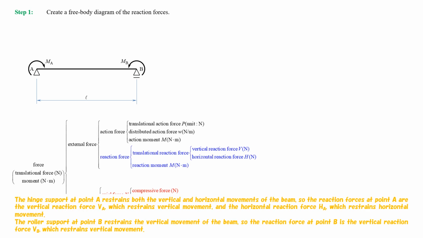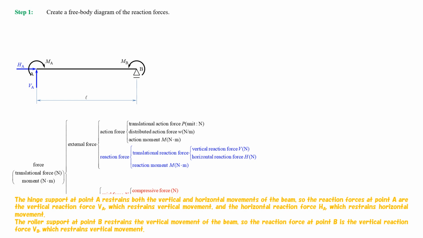The hinge support at point A restrains both the vertical and horizontal movements of the beam, so the reaction forces at point A are the vertical reaction force, VA, which restrains vertical movement, and the horizontal reaction force, HA, which restrains horizontal movement.